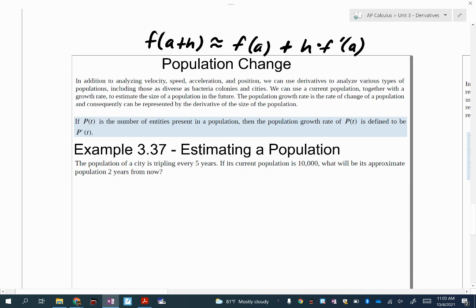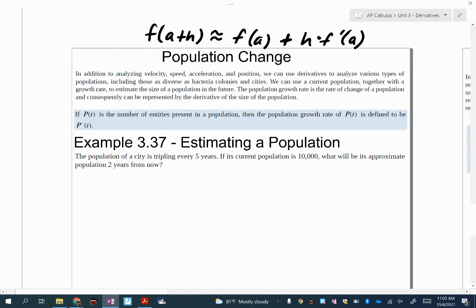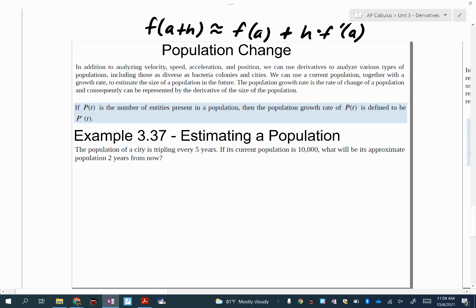So we're going to use that idea here. We're looking at a city that's tripling every 5 years. If its current population is 10,000, what will be its approximate population 2 years from now?